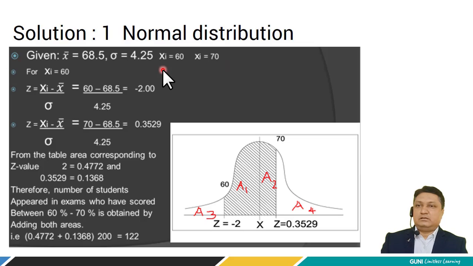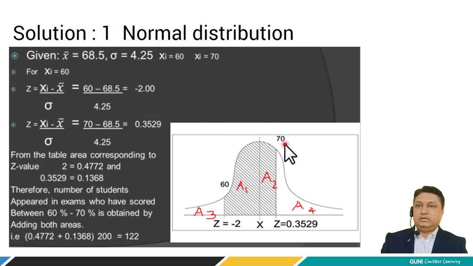First take the xi value 60, and then xi equal to 70, in this formula to calculate the z value. We know that z value is equal to xi minus x bar upon sigma. Putting xi equal to 60, 60 minus 68.5 divided by 4.25, the sigma, we get z value minus 2. It is negative.